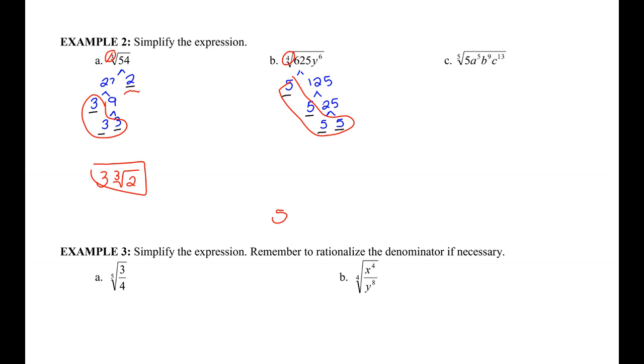I also have to worry about the variables. I currently have 6 y's, but because this is the fourth root, I'm looking for groups of 4 of the same number. So I can pull out that first group as a single y, and then I'm left with the fourth root of y squared.